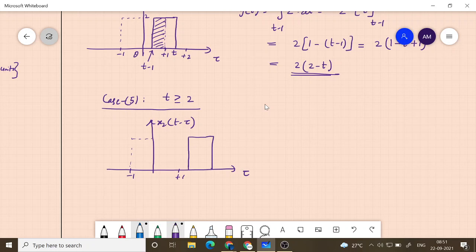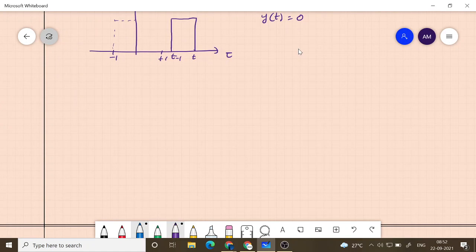So this is t and this is t minus 1, but there is nothing to overlap with the first function x1 of tau, and therefore we have y of t equal to 0. So we have found y of t, the convolution result, in various cases.